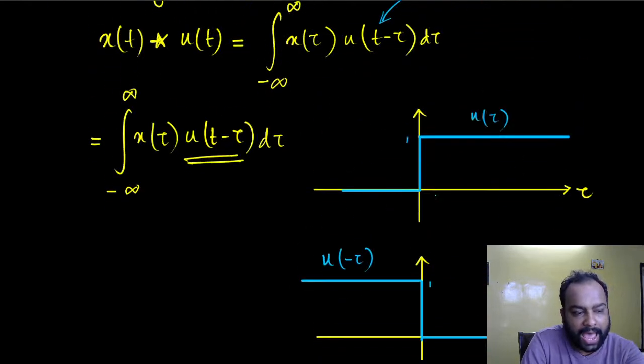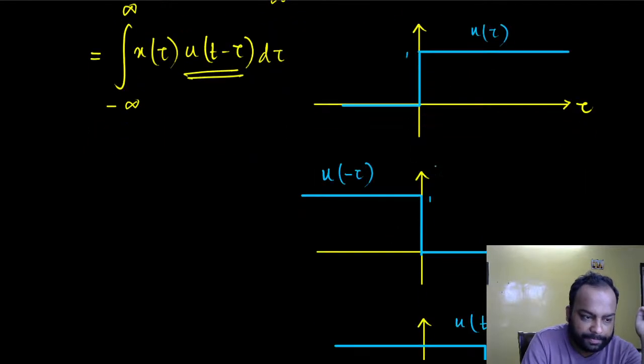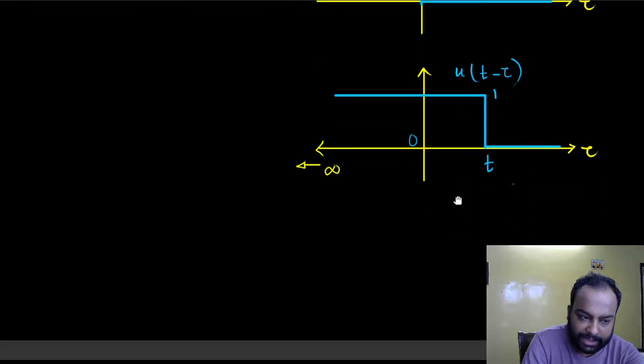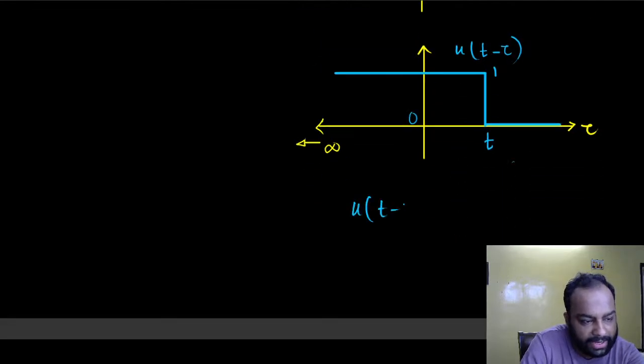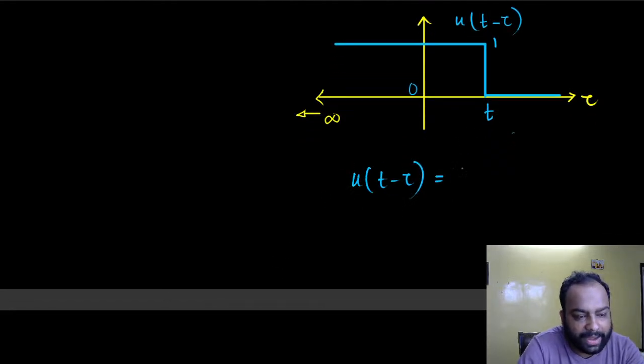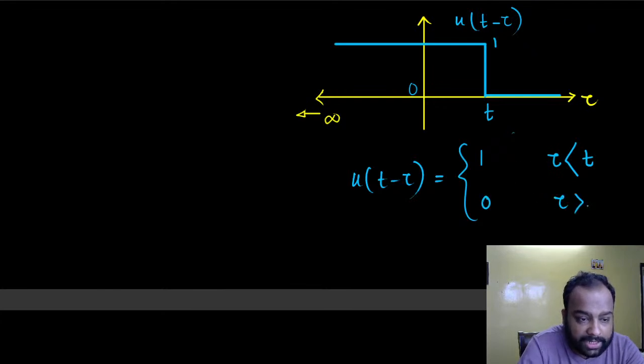A simple u(τ) would have a value of 0 if τ is negative, and if τ is positive, then u(τ) would have a value of 1. And for u(t − τ), it would have a value of 1 as long as τ is less than t. So essentially u(t − τ) has a value of 1 if τ is less than t, and it will become 0 if τ is greater than or equal to t.